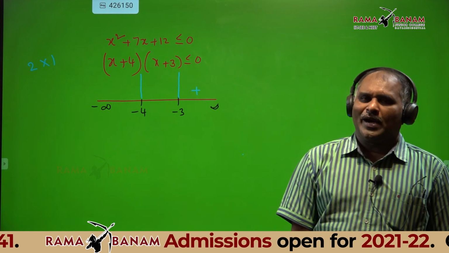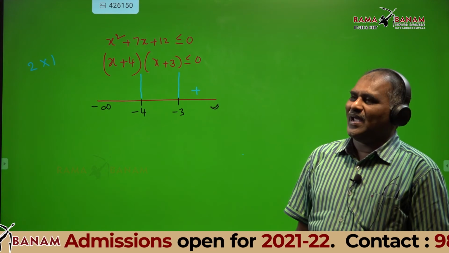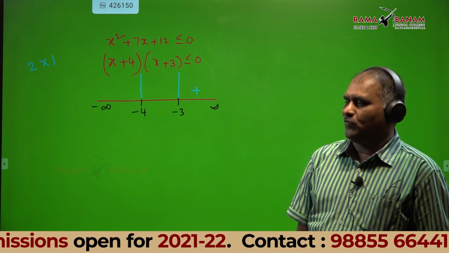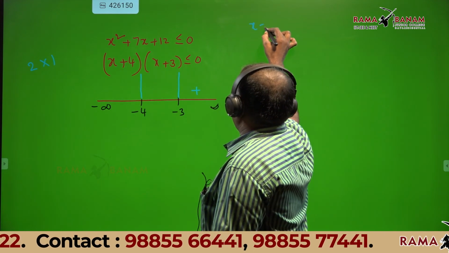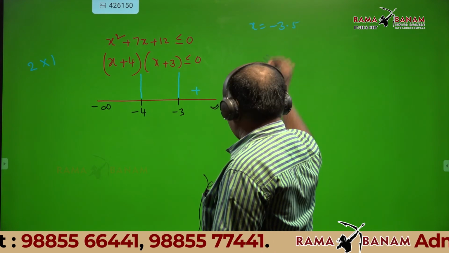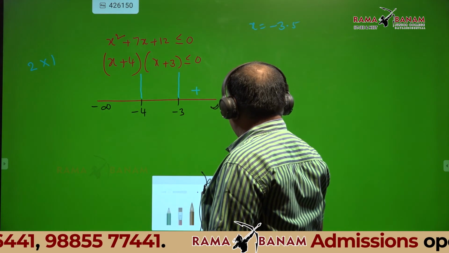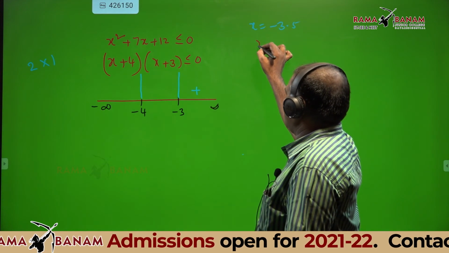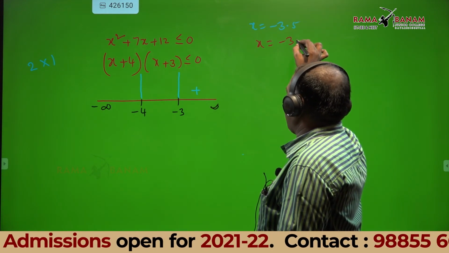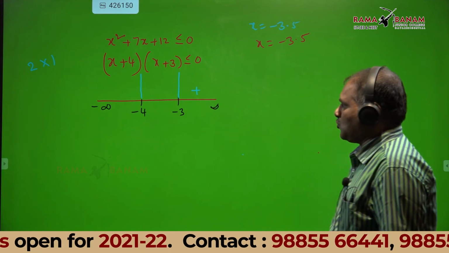Minus 4 to minus 3, in between: x is equal to minus 3.5. Substitution.